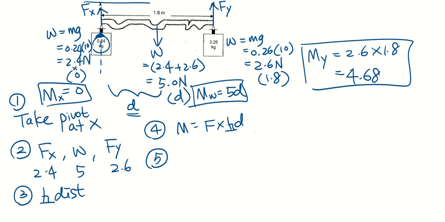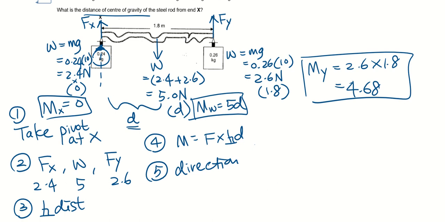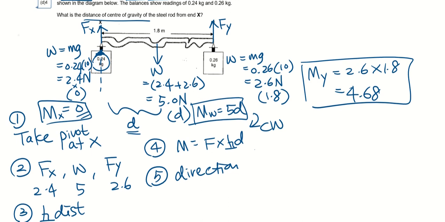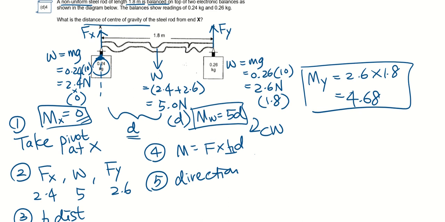Step 5, finding direction. Is it clockwise or anti-clockwise? Because Mx is 0, there is no need to find its direction. For Mw, the moment due to weight, it is going to be this direction, so it is clockwise. For My, the moment due to force Y is anti-clockwise.